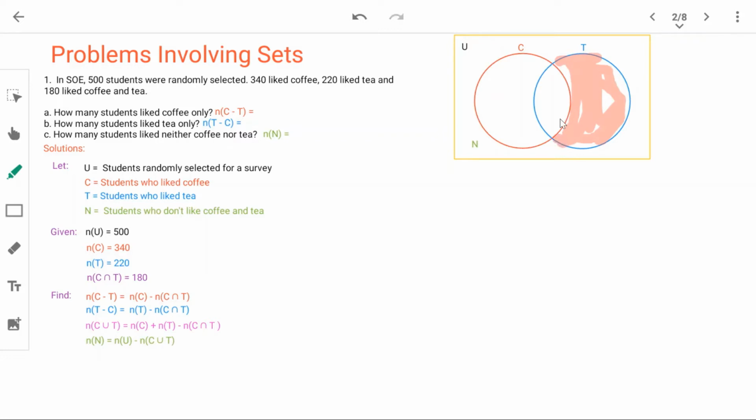Okay, to continue, the number of students who like coffee or tea, coffee and tea, is the regions within the two circles, and also the number of students who neither like coffee nor tea are the regions outside the two circles but within the rectangle.